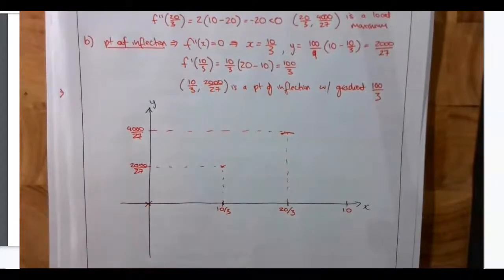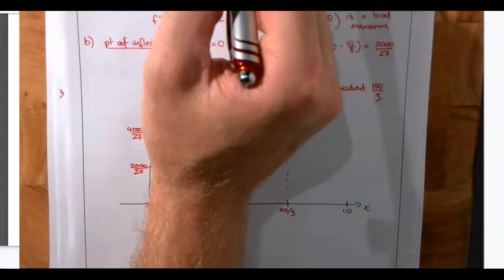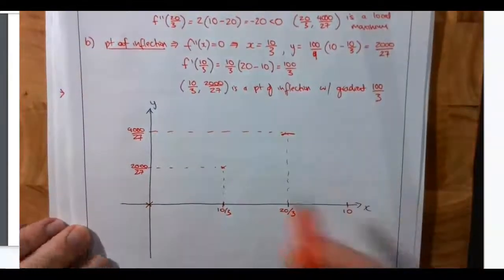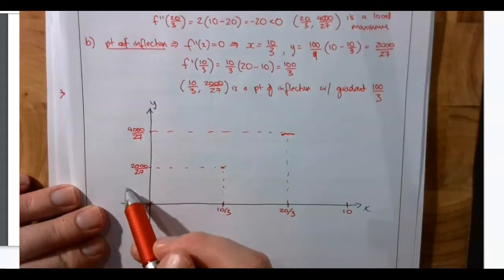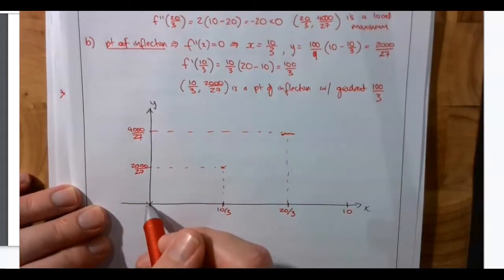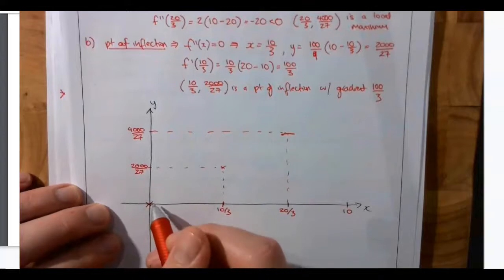So if the first graph I try and draw is f of x itself, I can see it's a negative cubic. I know that that means it's going to come down from positive infinity on the negative side. Then we're coming up.